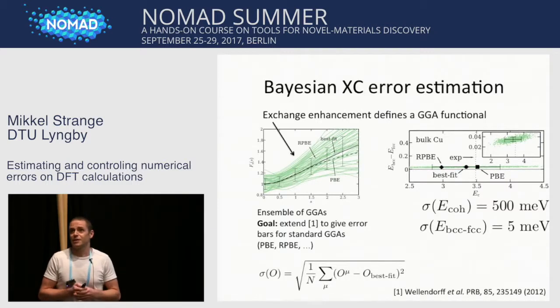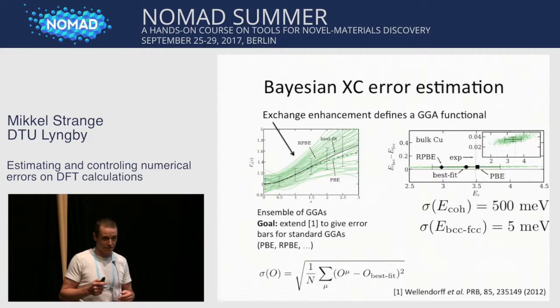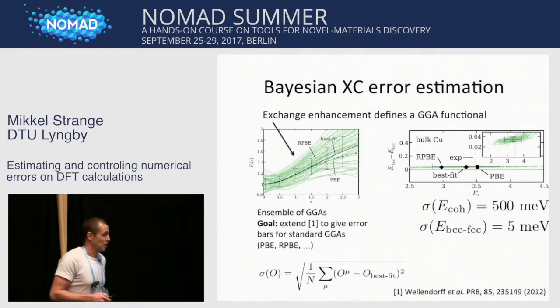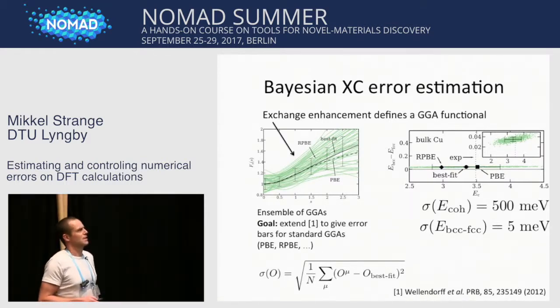Of course, one can think about doing this in different ways with machine learning or advanced data analytics. One approach, which has been done in our department, is using a Bayesian learning scheme. You take an example of an enhancement factor.